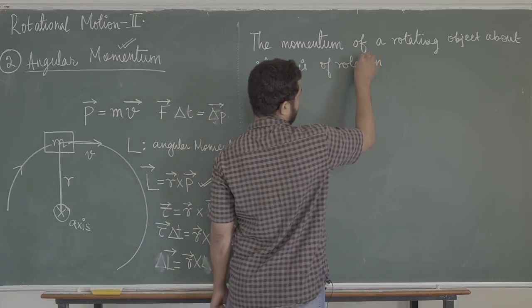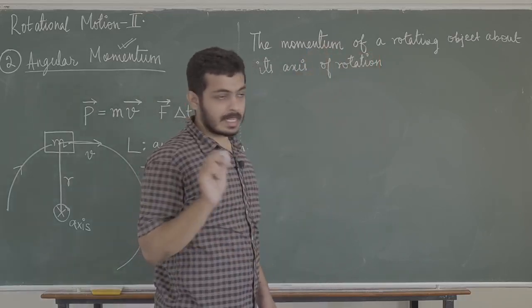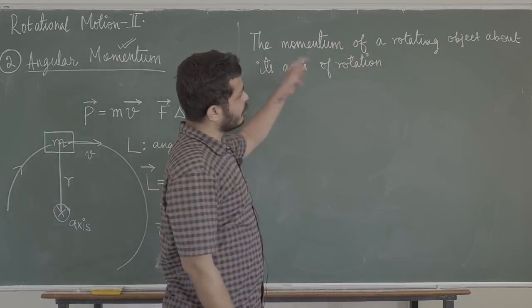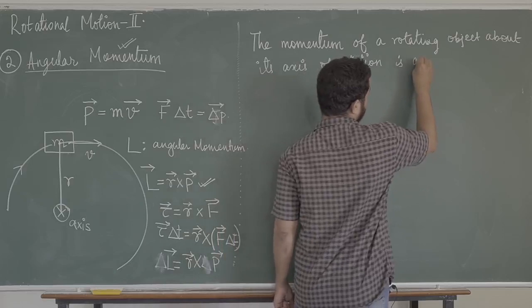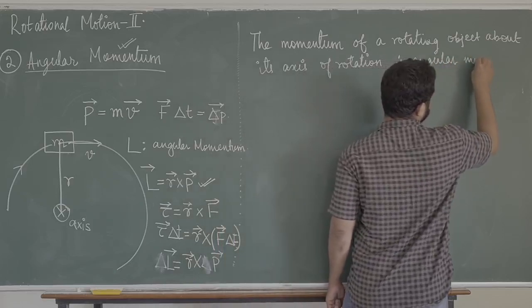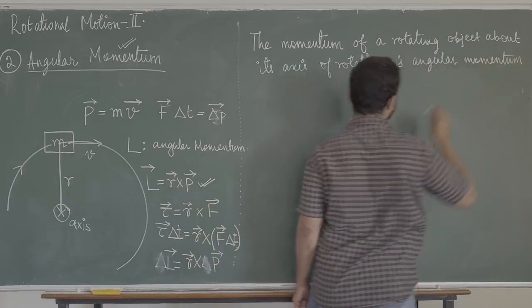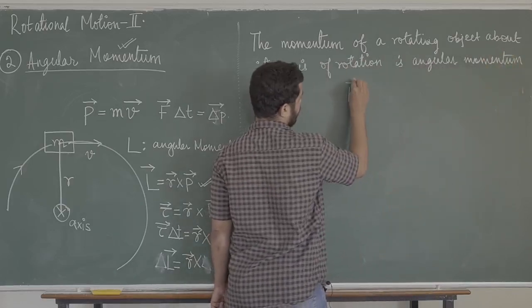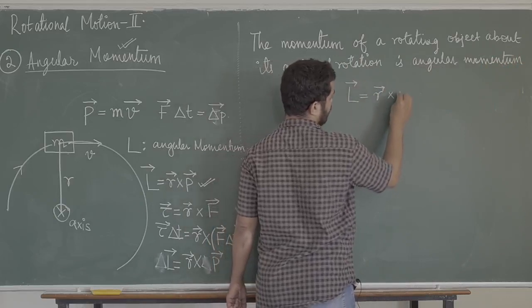Now this is my definition. If you're writing this in the boards, you should take a look at what's exactly written in your book. But the momentum of a rotating object about its axis of rotation is called angular momentum. How do you write down angular momentum? Then you say that L vector is equal to R vector cross P vector.